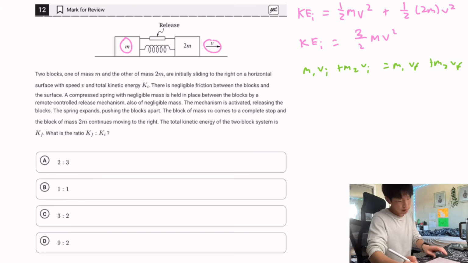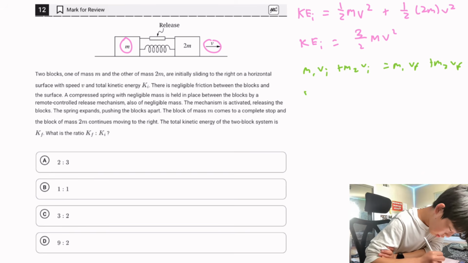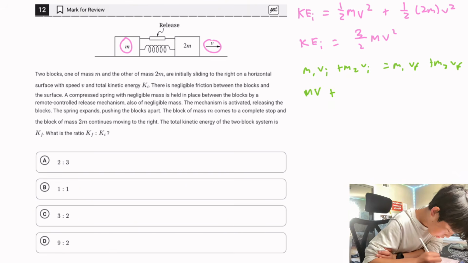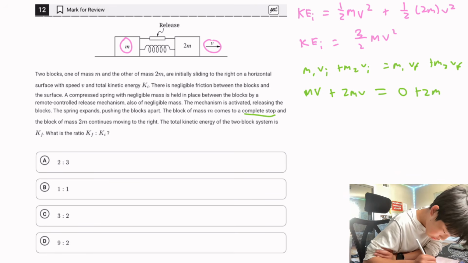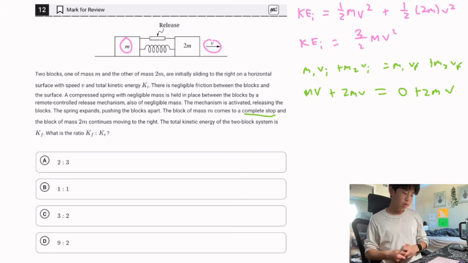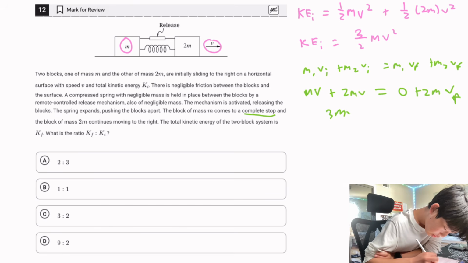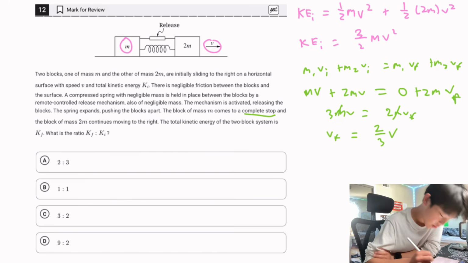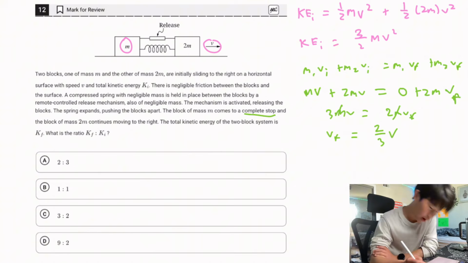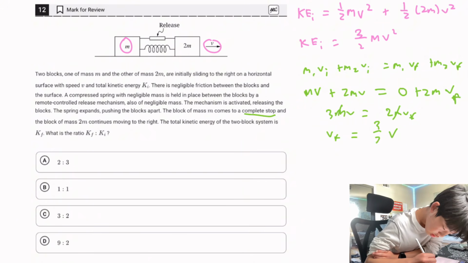So mv plus 2mv equals, it comes to a complete stop, so 0 plus 2m v final. So this is 3mv equals 2m v final, which means v final is, cancel out the m's, 2/3 v. Okay? Right? No, it's going to be 3/2 v. Sorry, guys.